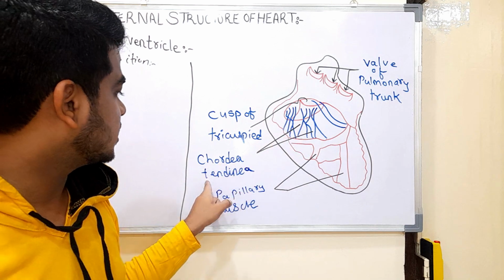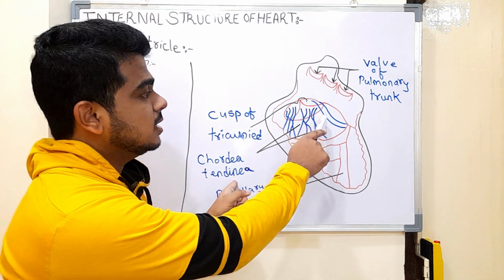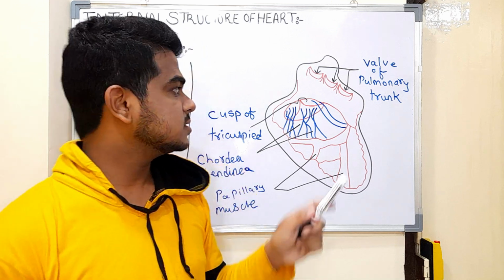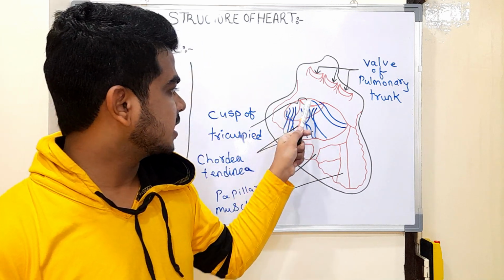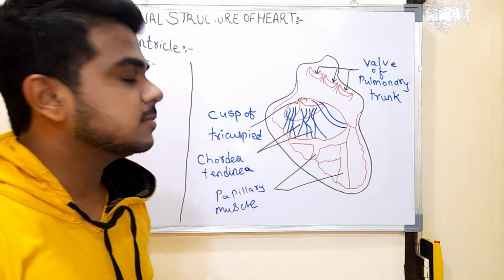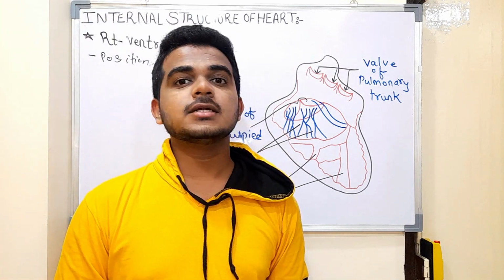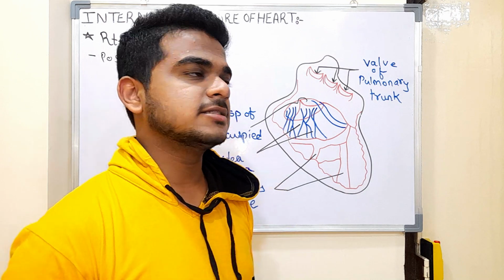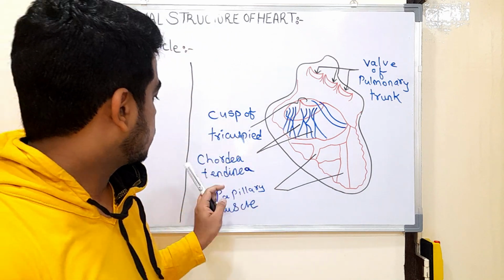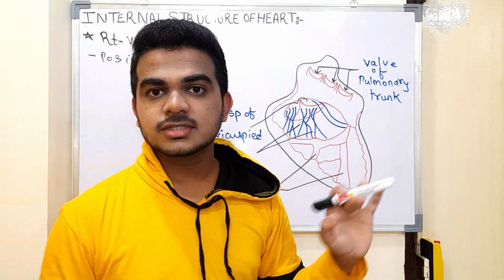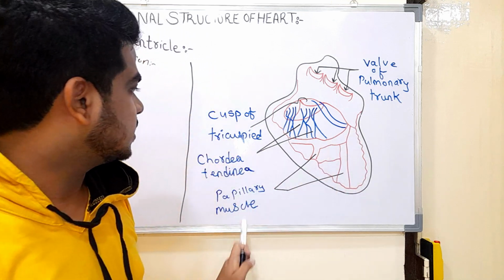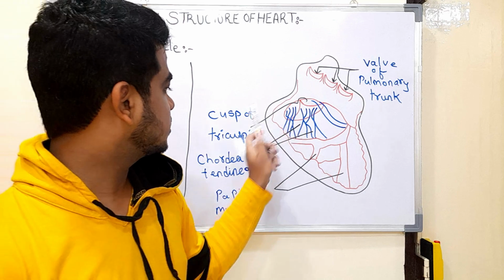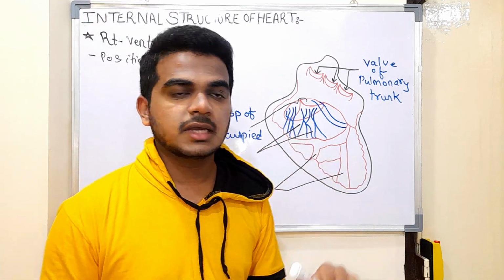Second is chordae tendineae. The chordae tendineae are thread-like structures which attach the tricuspid valve to the papillary muscles. Papillary muscles are present in the right ventricle. I will tell you where exactly they are. The chordae tendineae, thread-like structures, are present, and this is the papillary muscle where the chordae tendineae are attached.